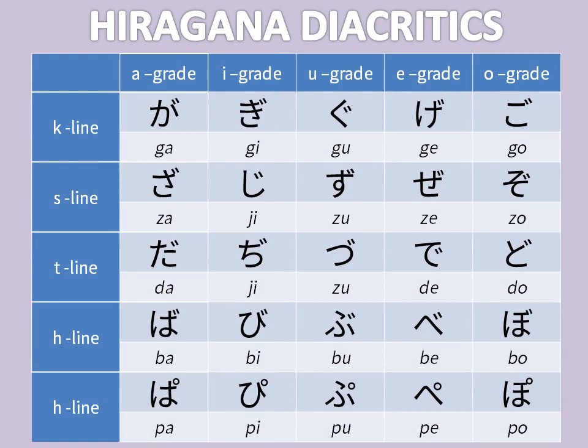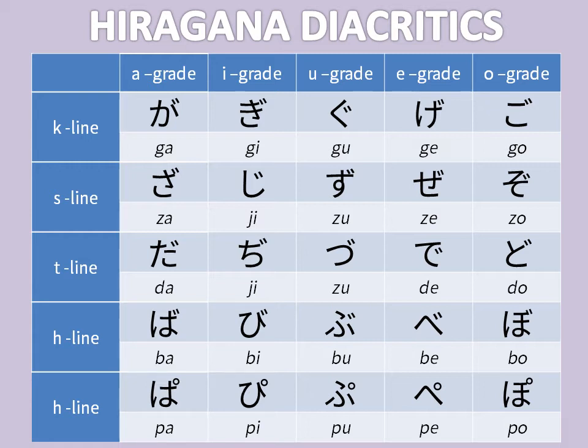Now after adding the dakuten, ka has become ga, ki has become gi, ku has become gu, ke has become ge, ko has become go. Then sa line, sa has become za, shi has become ji, su has become zu, se has become ze, so has become zo.